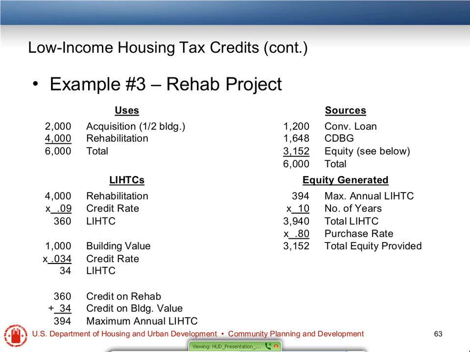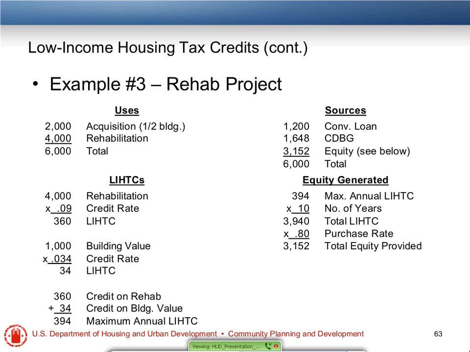Here's an example. We've got acquisition, and we're going to impute that half of that acquisition was building, and half of that acquisition was, in fact, land cost. So we've got $4 million of rehab. We look at our rehabilitation credit on the $4 million at 9% generates $360,000 in low-income housing tax credits.